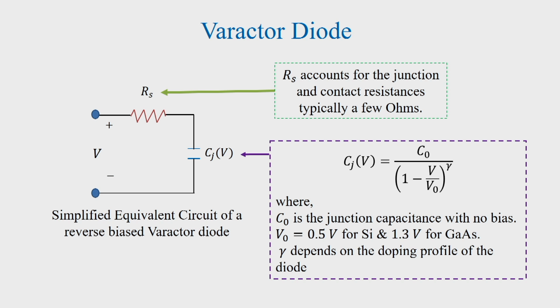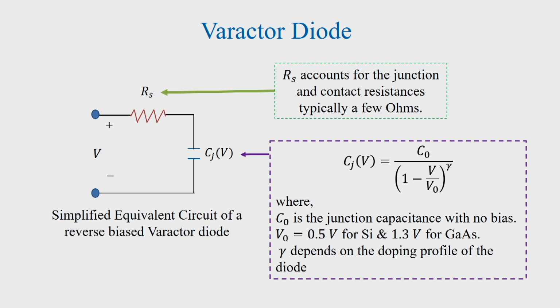Cj, the junction capacitance, is given by C naught divided by (1 minus V by V naught) raised to the power gamma, where C naught is the junction capacitance with no bias.